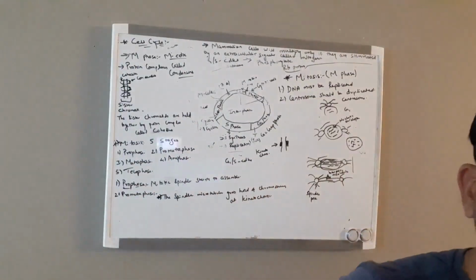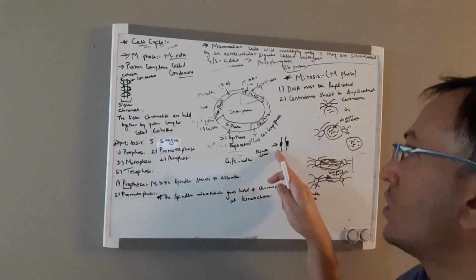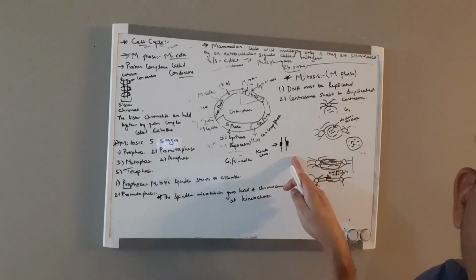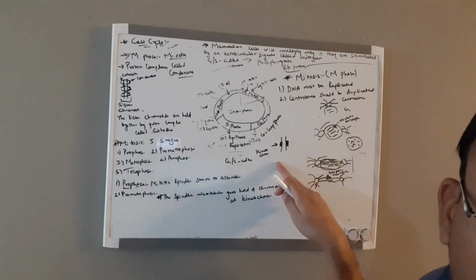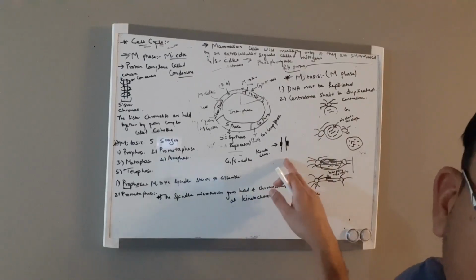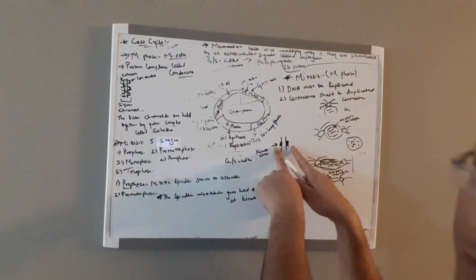Each duplicated chromosome has two kinetochores, one on each sister chromatid. So these are our two sister chromatids, each having a kinetochore, which faces in the opposite direction. It should face in the opposite direction.